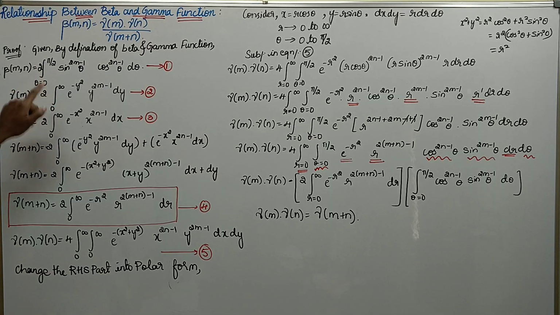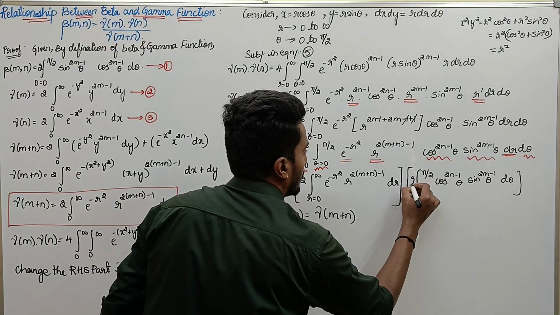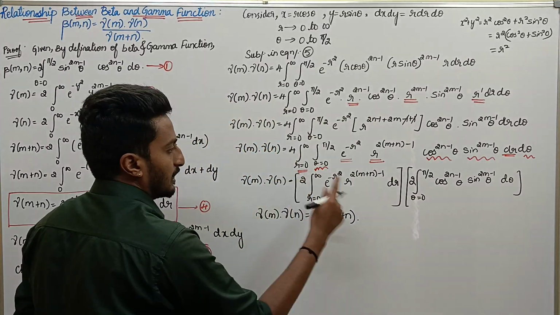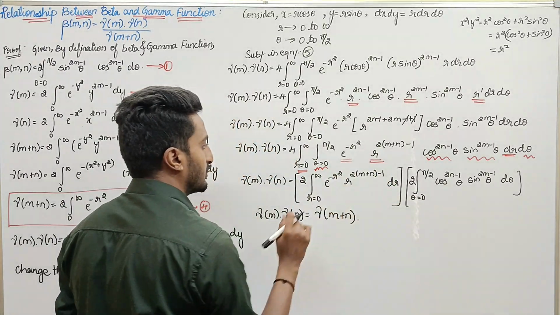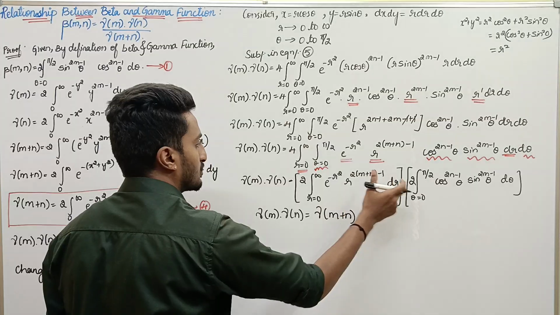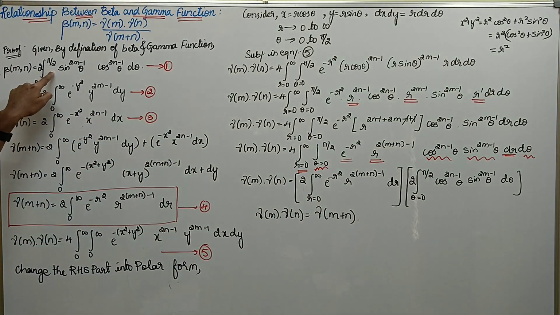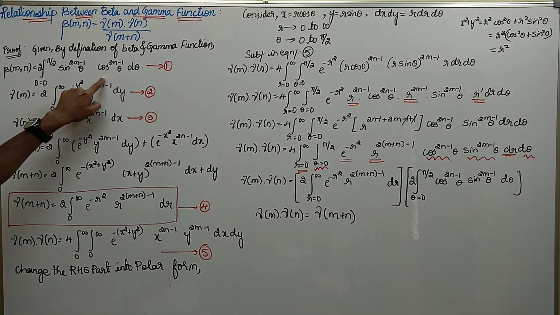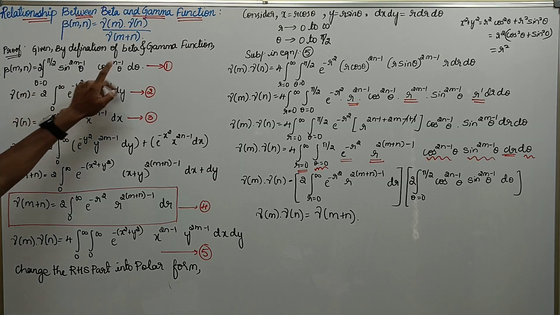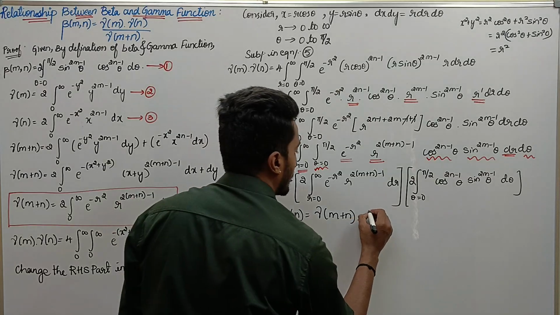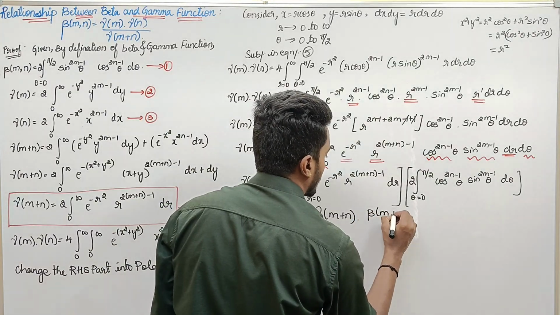See, I have written 2 here: 2 into 2 is 4, so if you multiply these two, you get back the same. This you can write as beta of m comma n.